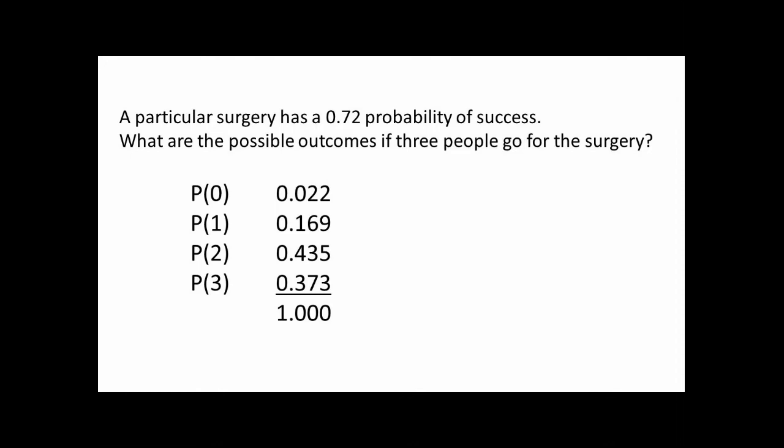If 3 people go in for the surgery, there is no way 4 successes could happen. This point becomes important when the number of trials increases. Let's say n equals 10. Then we have these as possible outcomes. Now for example, let's let p equals 0.44, and let's calculate the probability of one of the outcomes.